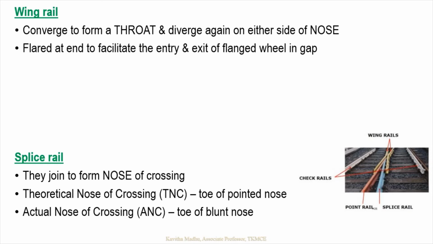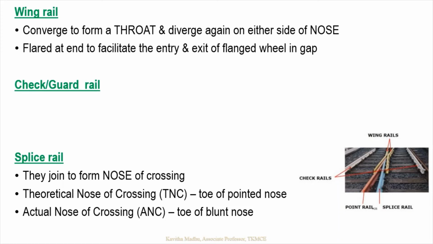The red one is a point rail, and the blue one is a splice rail. They join to form the nose of crossing. There are two noses of crossing. One is the theoretical nose of crossing, which is the imaginary sharp point with respect to which we are doing the calculations, and the other is the actual nose of crossing, which is the toe of the blunt nose, the actual point of crossing.